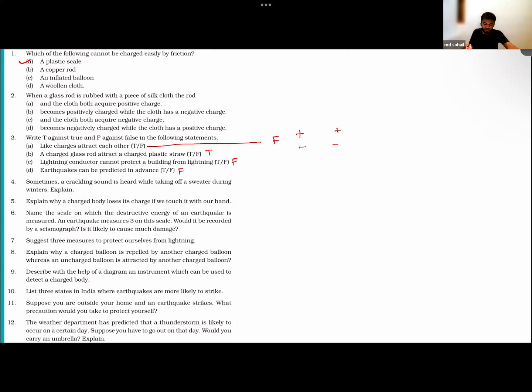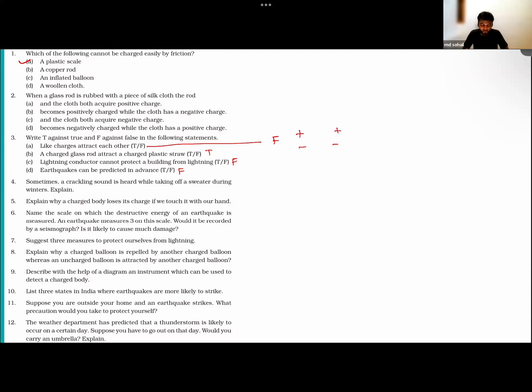Okay. Now, other questions, question number 4, 5, 6 series questions. Sometimes a crackling sound is heard while taking off a sweater during winters. Why is it so? Because of the negative and positive charges. Exactly, because of the charges that develop between our skin and the cloth which we wear, the sweaters.